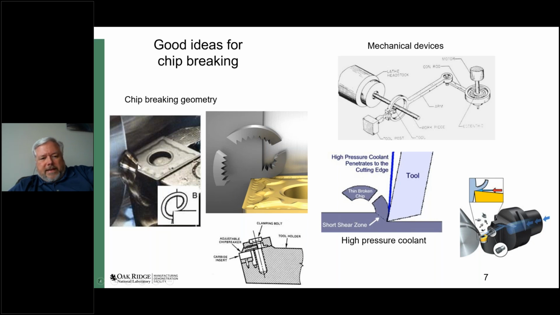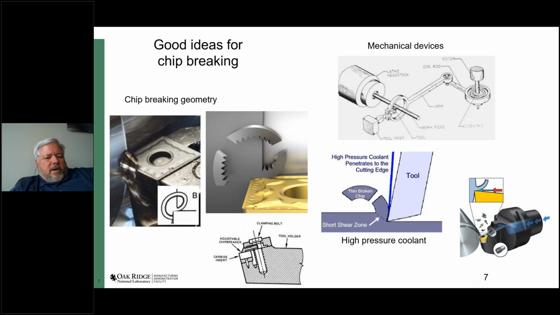And the purpose of that is to turn the chip back on itself so that it collides either with the workpiece or with itself, or it has a sharp enough radius of curvature that it cracks and breaks, right? We call those chip breaker geometries. Now, very often that's included in the insert. It's molded into the insert.